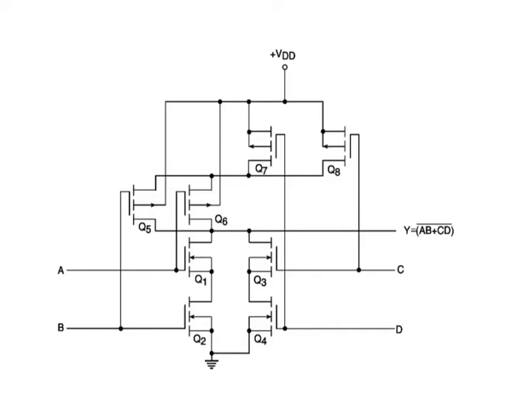AND-OR-invert and OR-AND-invert gates. The figure shows the internal schematic of a typical 2 wide 2 input AND-OR-invert gate. The output of this gate can be logically expressed by the Boolean equation Y = (A·B + C·D)'.